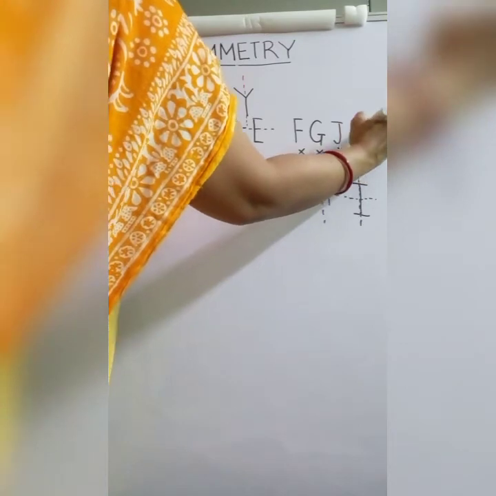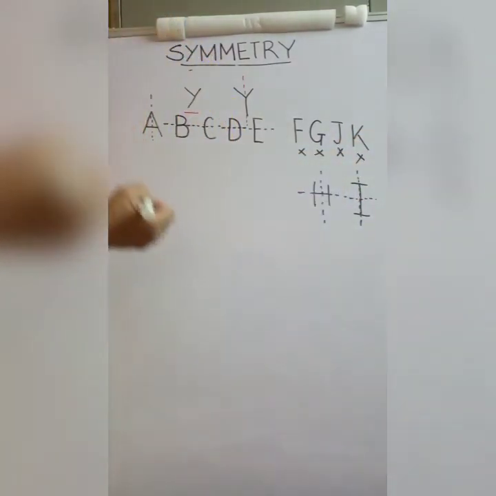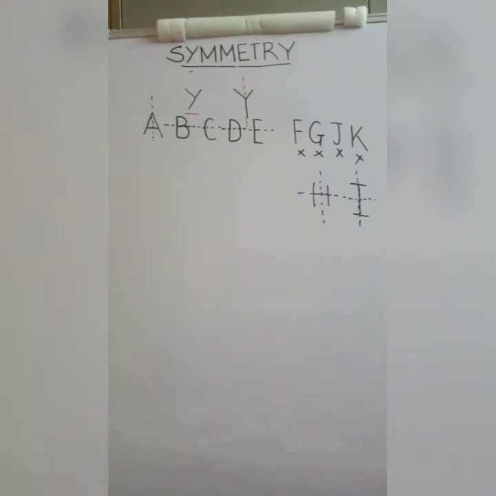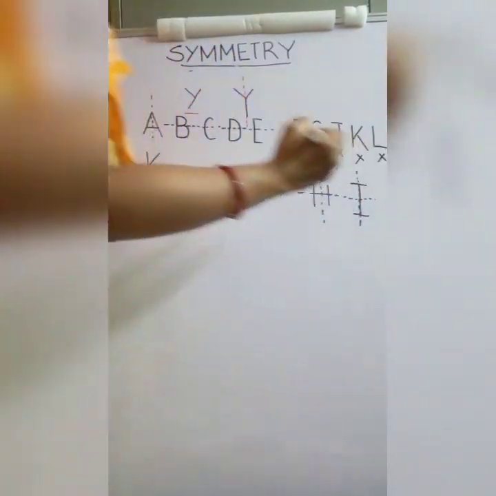K, when written like this, no line of symmetry. But when we write K like this, there is one line of symmetry. Then we talk of L, no line of symmetry.